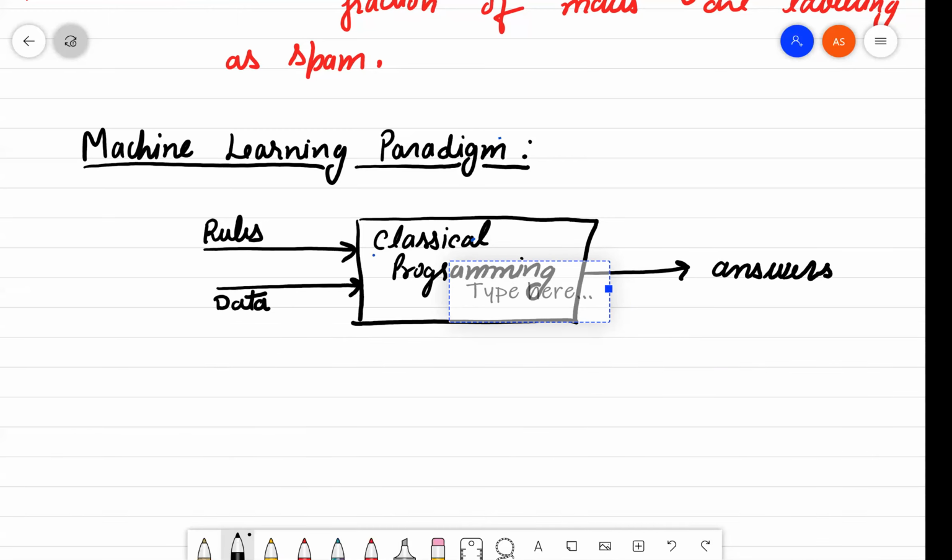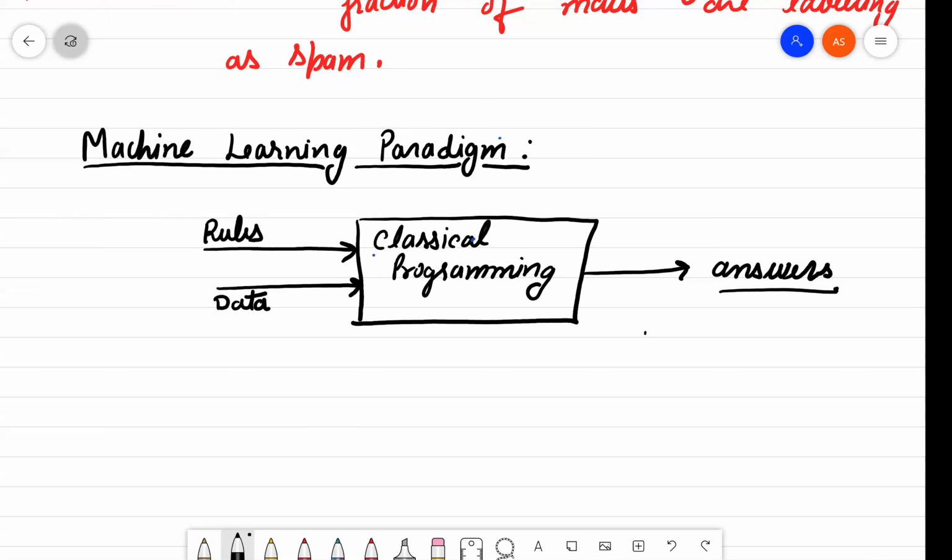That would be the email that we are giving to the system, and once the rules are given, it will give some answer: whether the mail is spam or not spam. So the important thing here is that the rules are fixed.